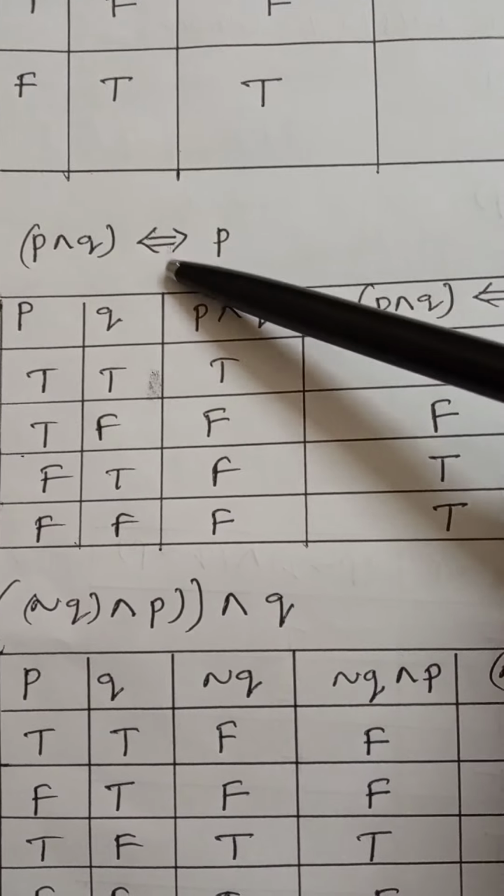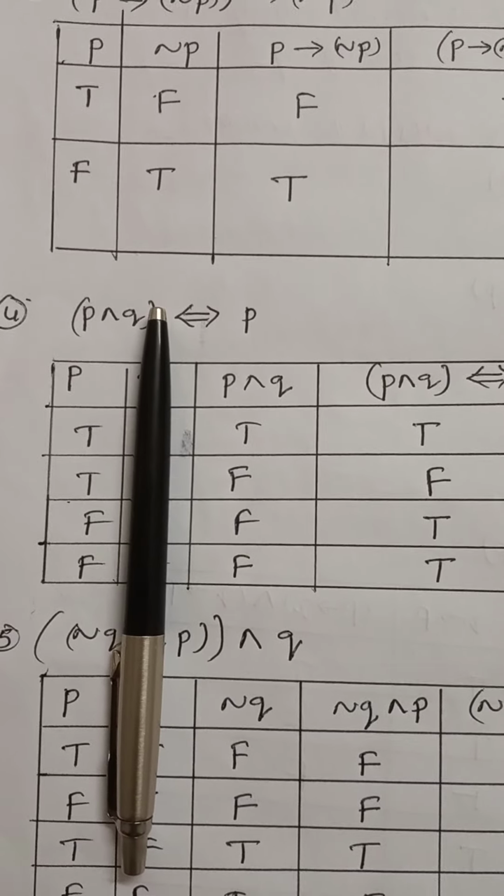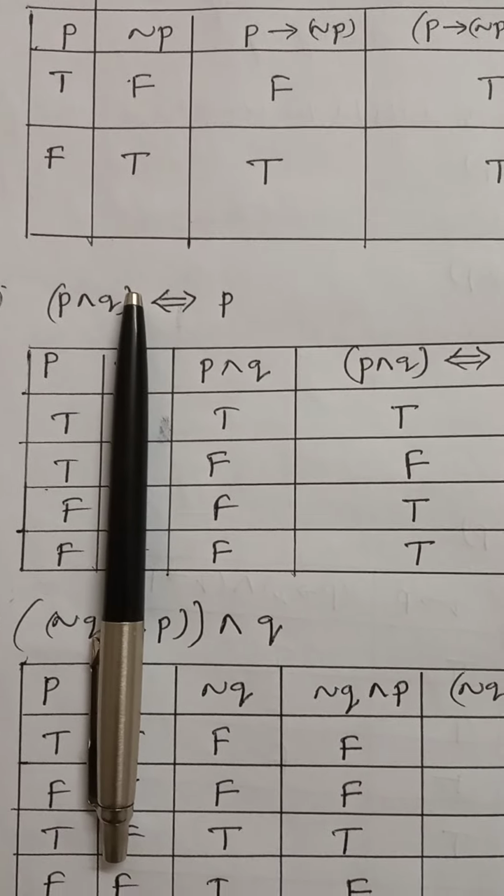Now next one is negation P and Q if and only if P. That means just ignore this Q column, right? Now we have to concentrate on those. First column is P, second column is P and Q. Now here the implication is if and only if, right? If and only if, what do we say, by conditional or by implication.